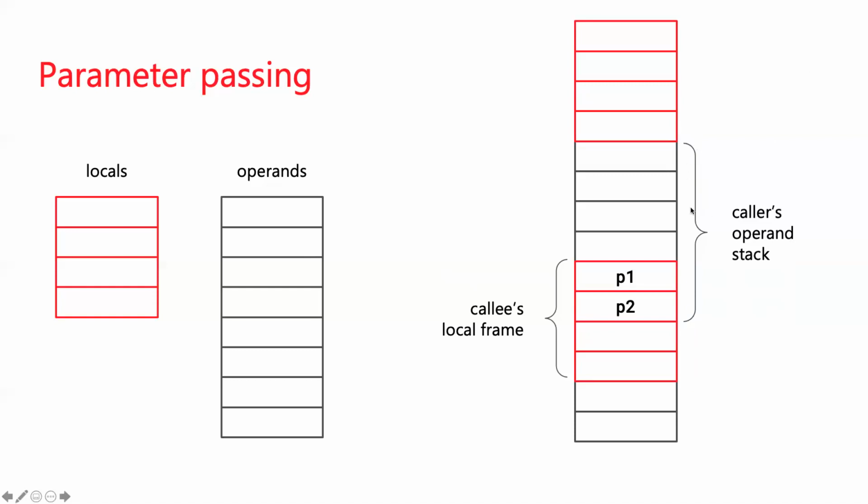The caller can use stack memory. They can use their operand stack to compute values, to stage parameters for methods they want to call. And then when those methods start executing, if they use the top part of their caller's operand stack as the first part of their local variables, then they can automatically access those parameters that were passed to them, along with any other local variables they need to store.